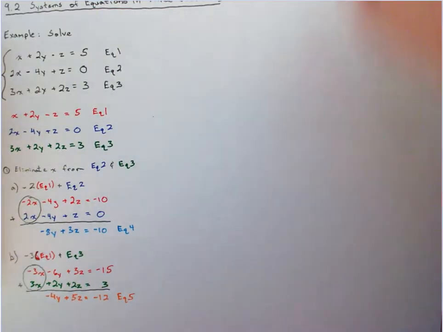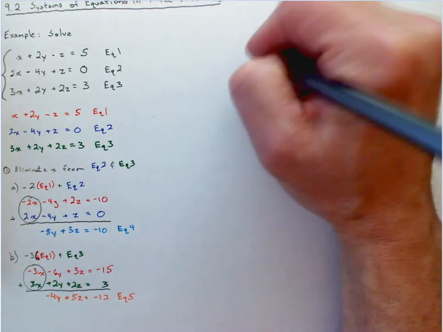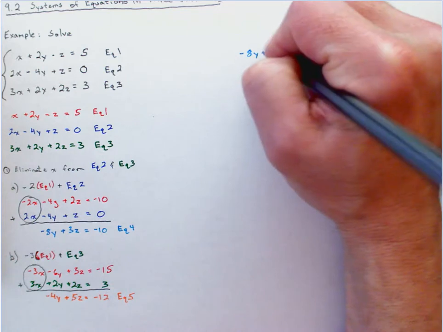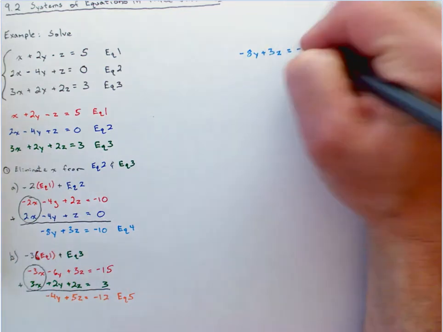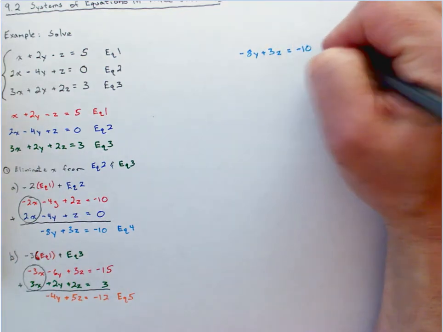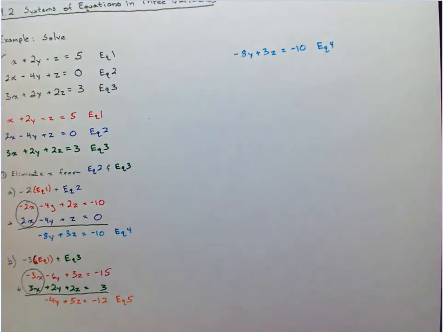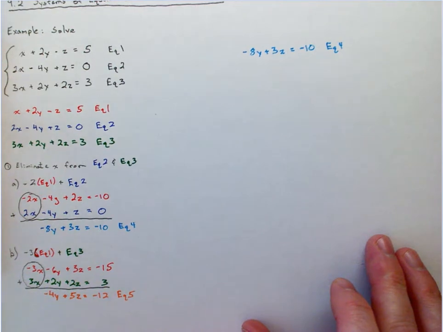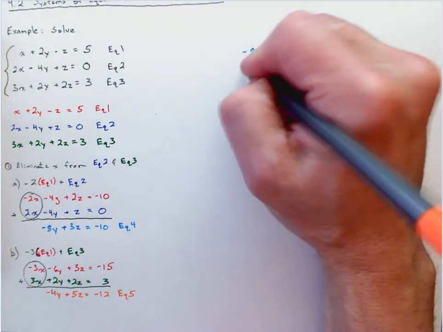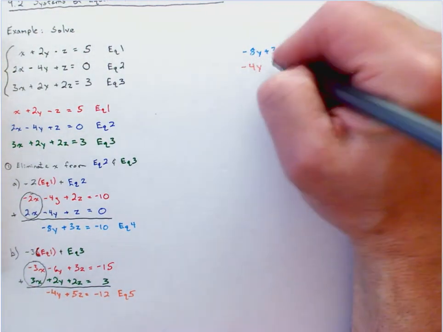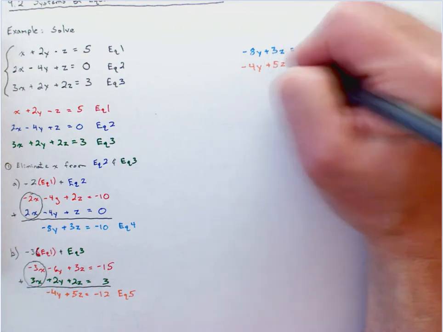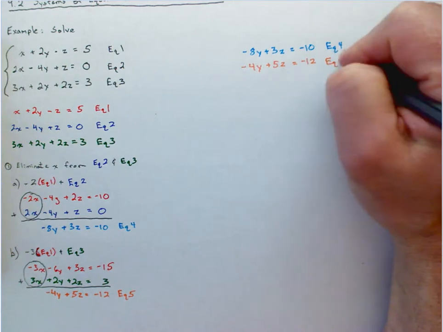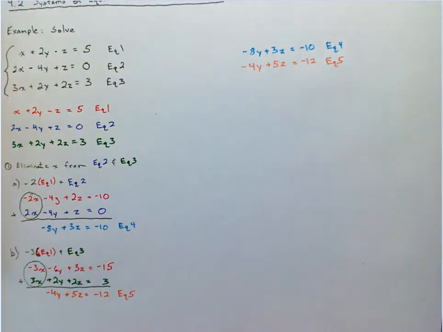So equation 4 was -8y plus 3z equals -10, and -4y plus 5z equals -12. And these are my equations.